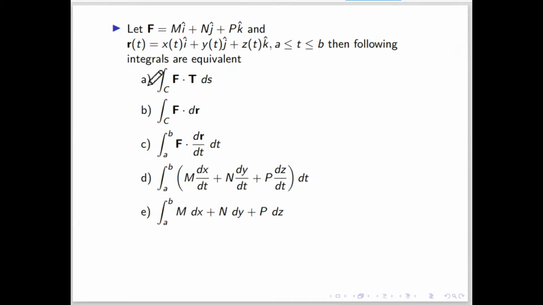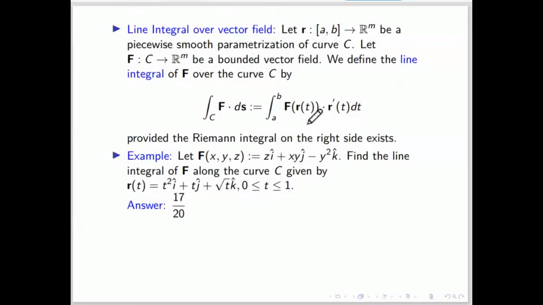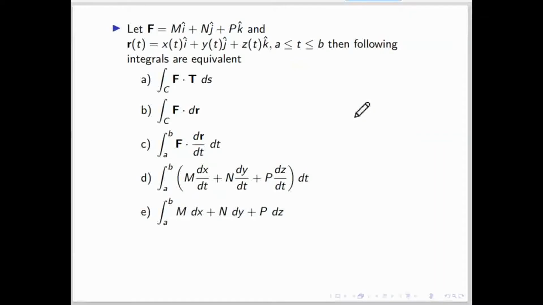So out of this A, B, C, D, E, which form is same as this formula? So this formula is written integral from a to b of f at r(t) dot r dash t dt. So out of this, which one is that one? C. So I will write, yes, C. So I will write that one here.